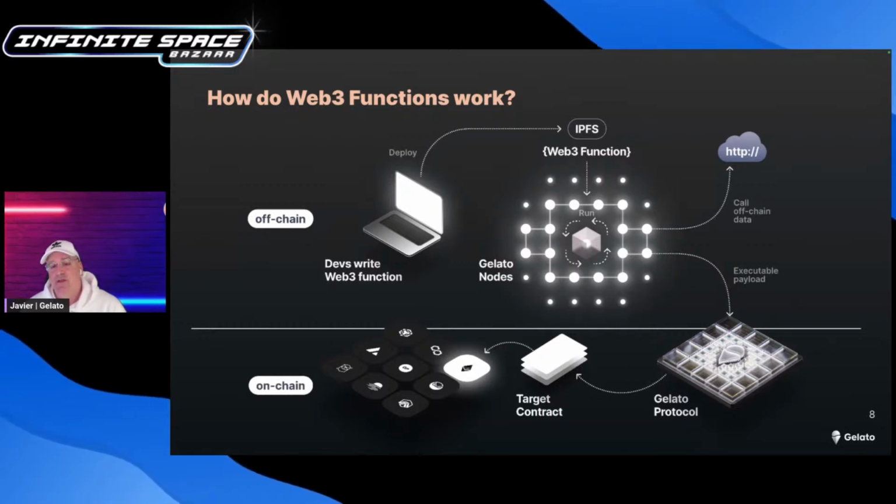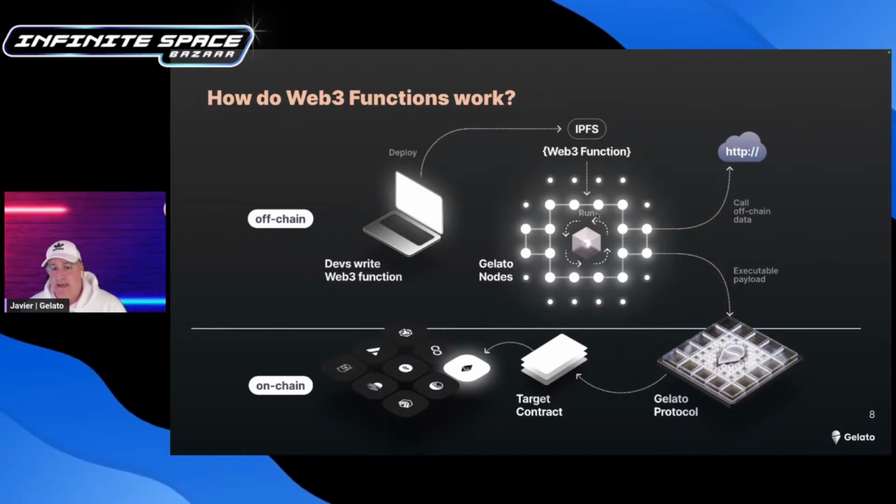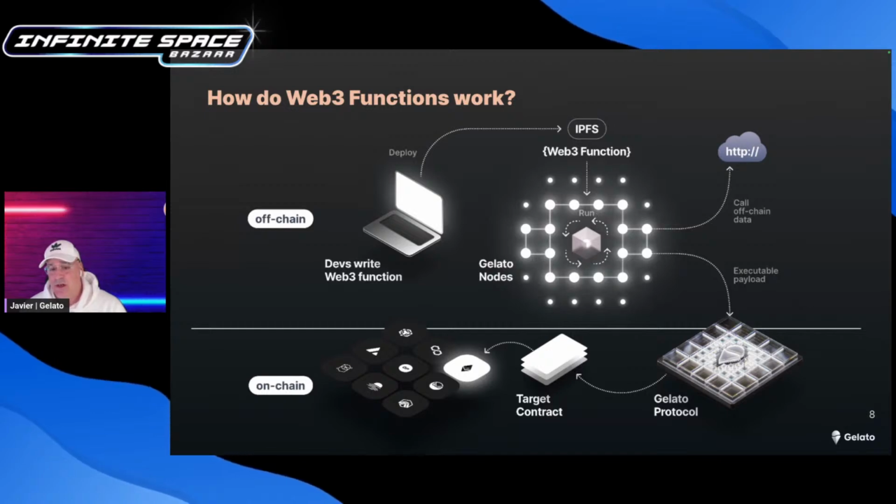Once the run is happening, the code says whether it has to publish some transactions on chain or not. We can also query off-chain data from any HTTP API endpoint that we want, and then we send the payload to be executed on chain.